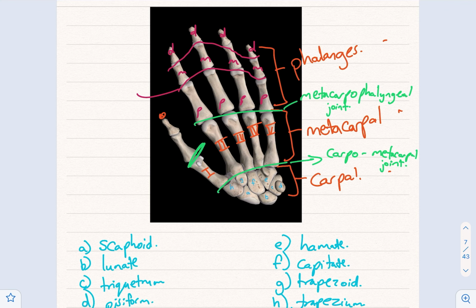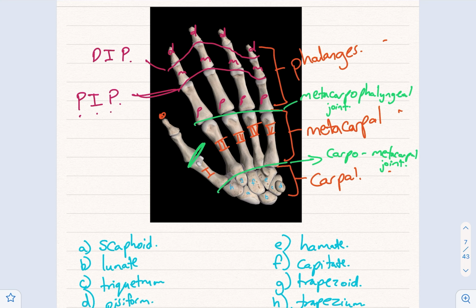Now that we've got these labelled, it makes it a lot easier to figure out how to label the joints. This one here, let's call this PIP: proximal interphalangeal joint. Interphalangeal because it's between the phalanges. Then this one, if this is proximal, this will be the distal interphalangeal joint.